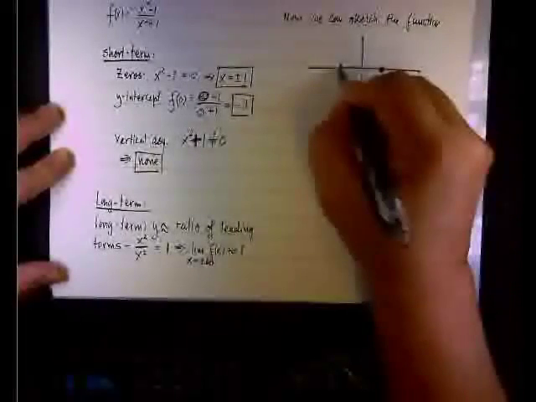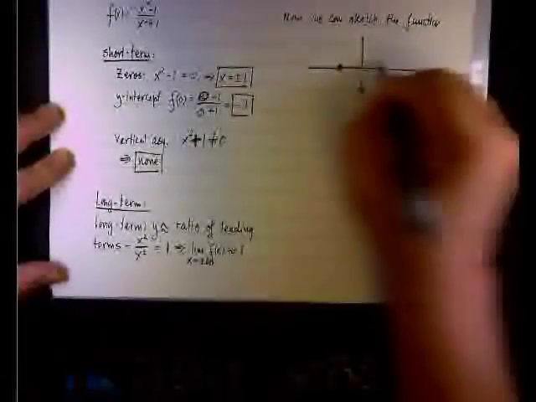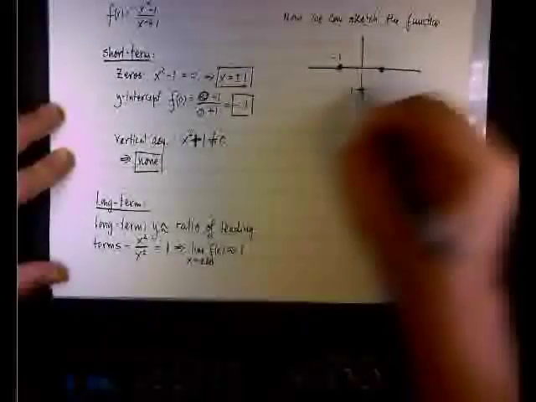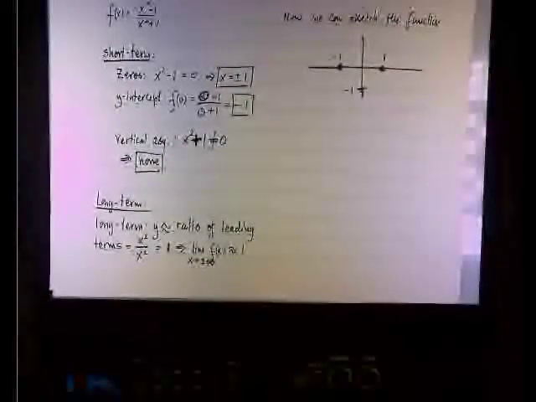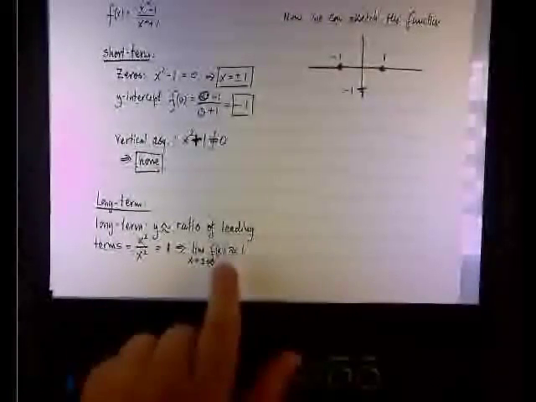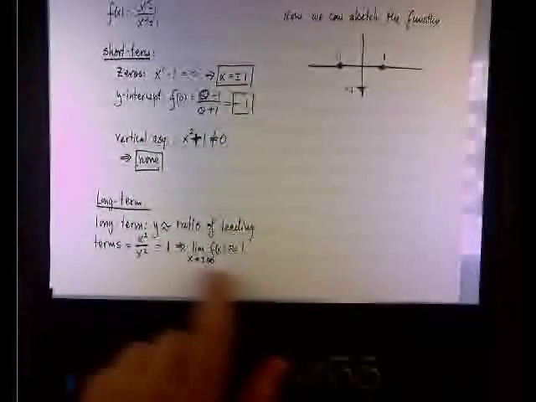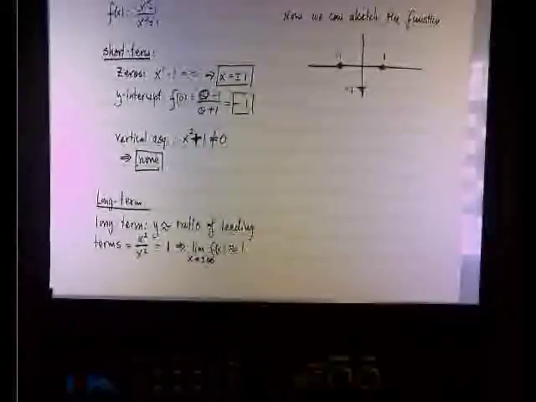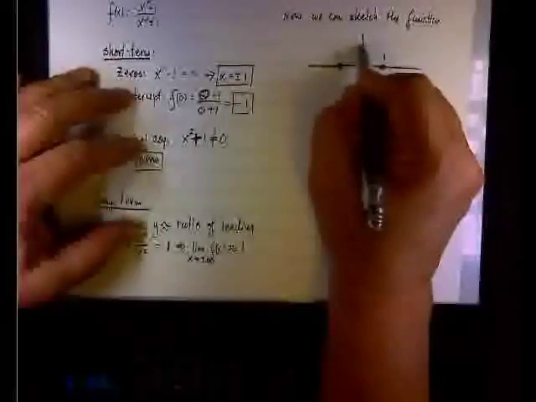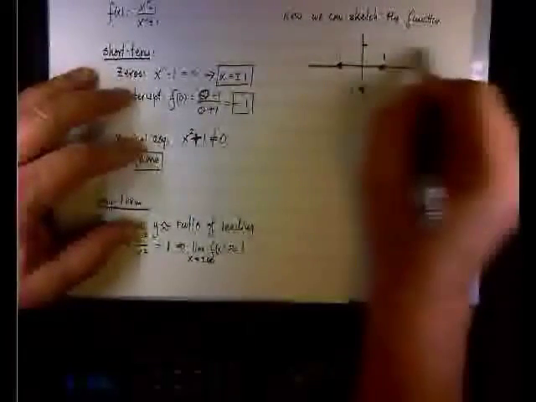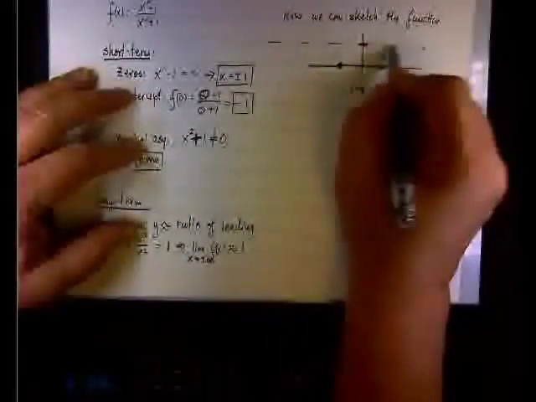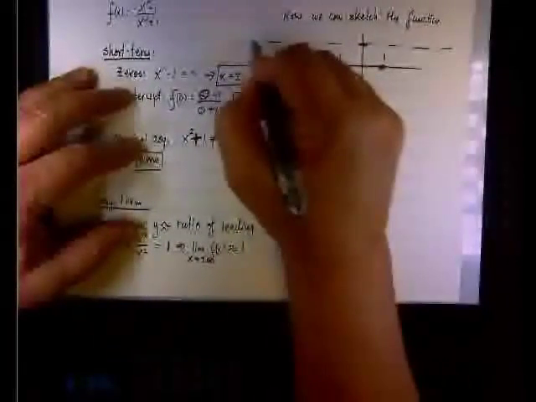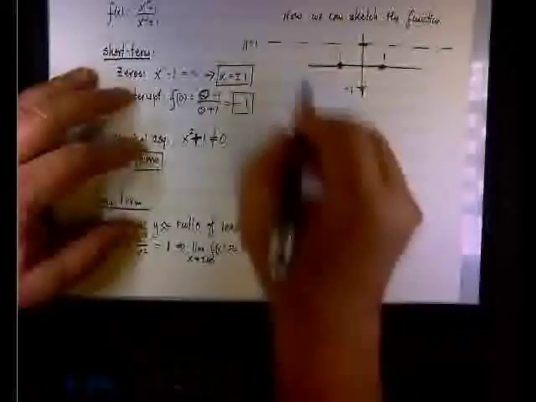So these three points, x equals negative 1, y equals negative 1, and x equals 1, are points the function goes through. Plus, we know that the long-term behavior is that for large values of either positive or negative x, it approaches 1.